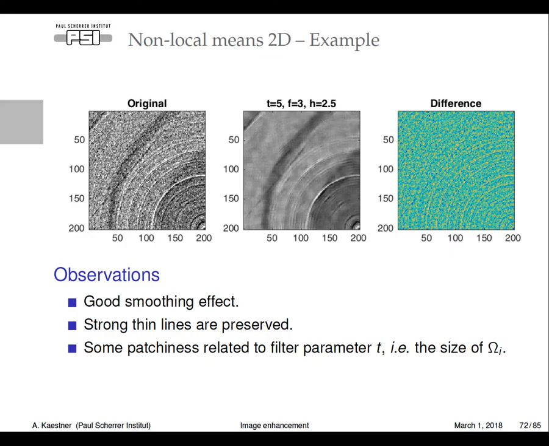This filter is available in the scikit-image package, so you can actually play with it yourself. It's not in the exercises, but there's one exercise about using wavelets. I would recommend that you look at the non-local means instead of the wavelets.